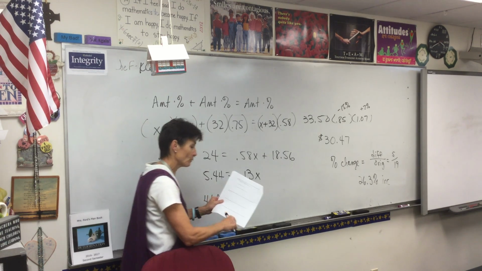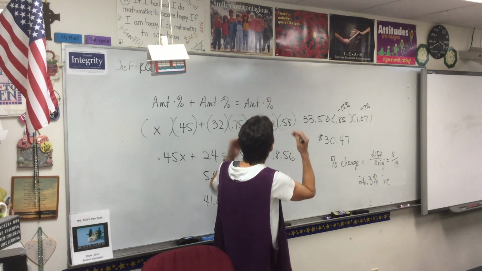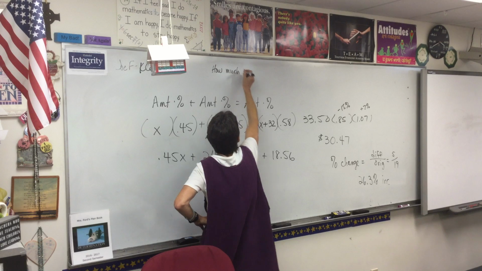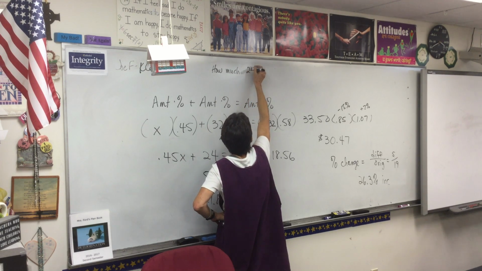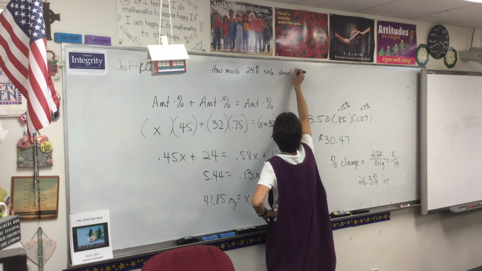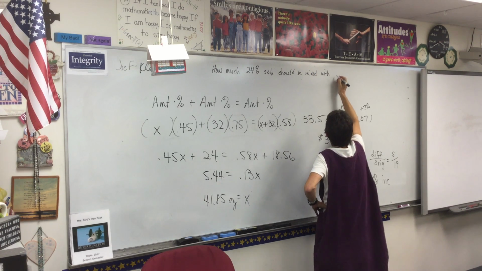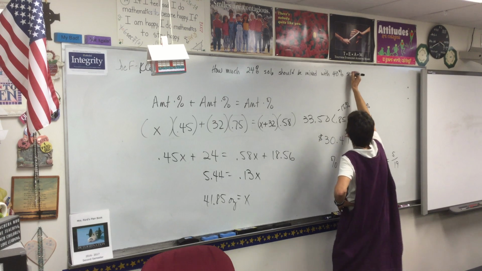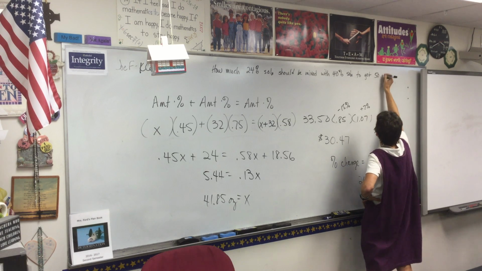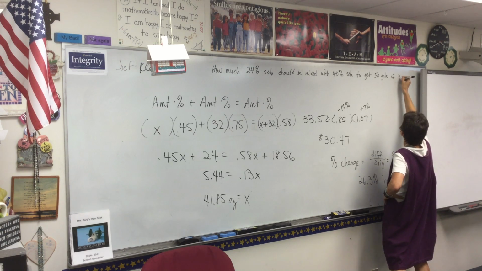All right, now there's a little bit of room probably at the bottom of your page. I want to do one more mixture problem. Let's say how much 24% solution should be mixed with 40% solution to get 50 gallons of 30% solution.